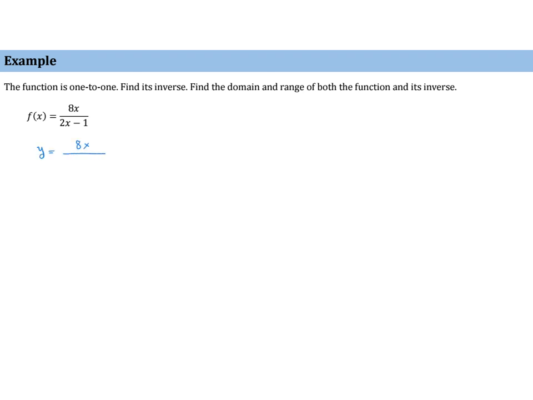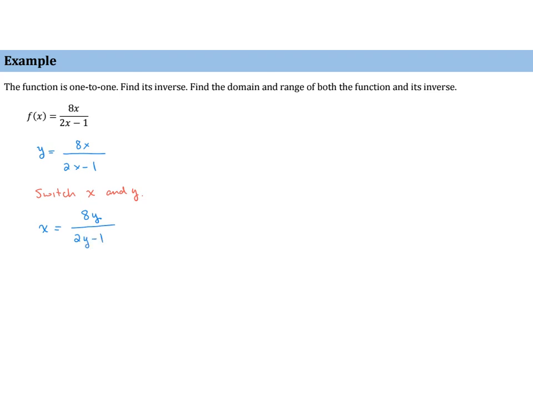So we start off by replacing f of x with y, and now we're going to switch x and y. So we have x equals 8y over 2y minus 1.